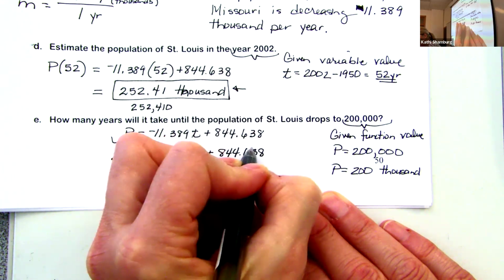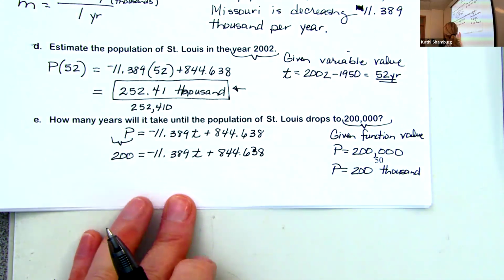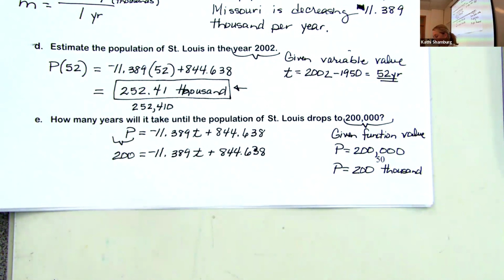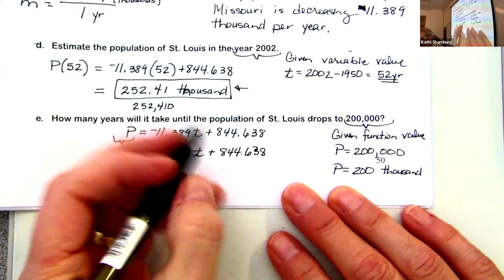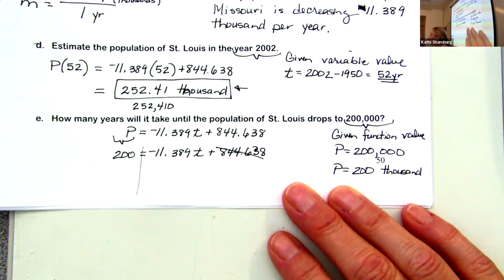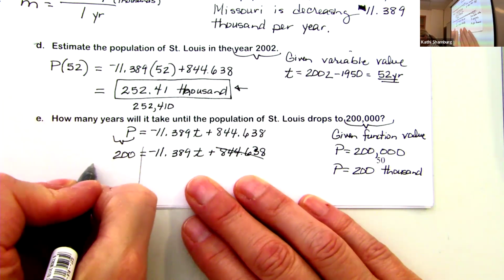All right. So then what we're gonna do is solve for T. We need to move 844.638. It's being added, so we're gonna subtract it.